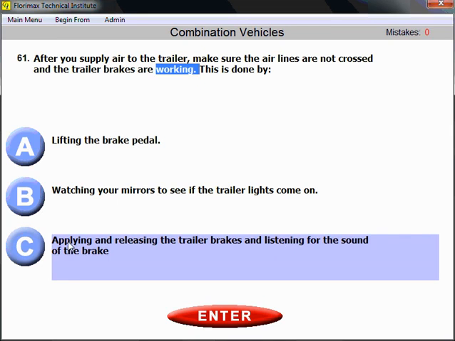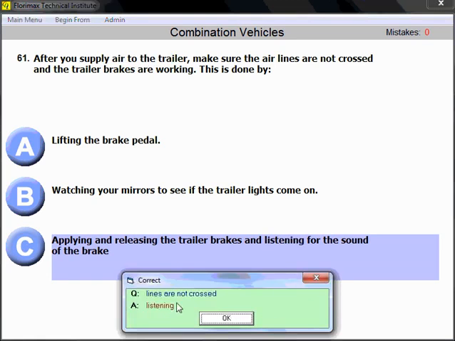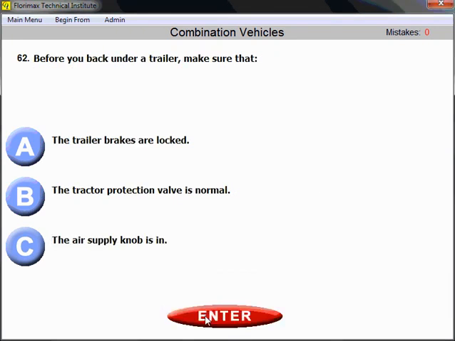With the hand valve, you apply and release the trailer brakes, only the trailer brakes, not the tractor, and listen if there is a hissing sound from the trailer brakes. Okay? So again, after you supply air, you need to check that the lines are not crossed. And this is done by applying, releasing, and listening for the sound. That's how trailer brakes are checked.